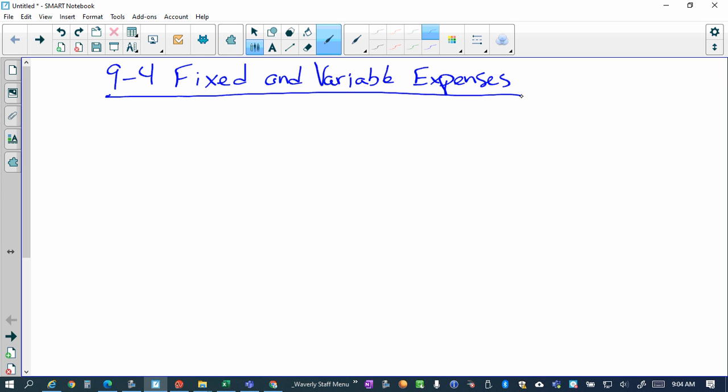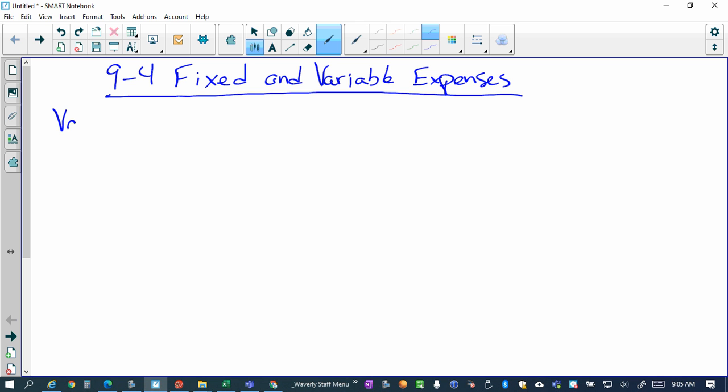So what do you think happens, as the number of calculators or widgets that they produce increases, to the cost that they have to pay to make them? It will also increase to make more, right? So that's called a variable expense, okay?